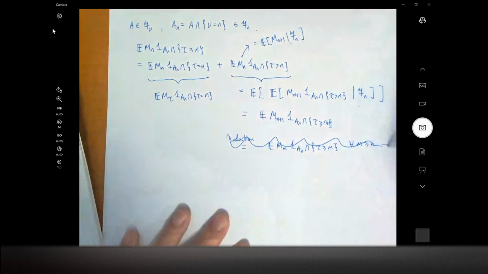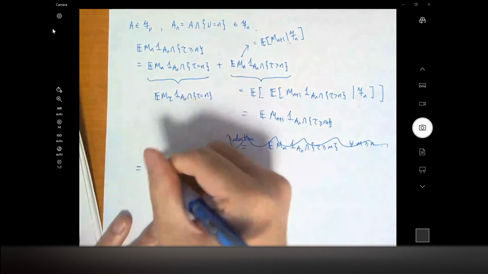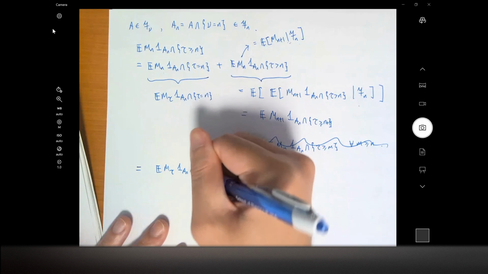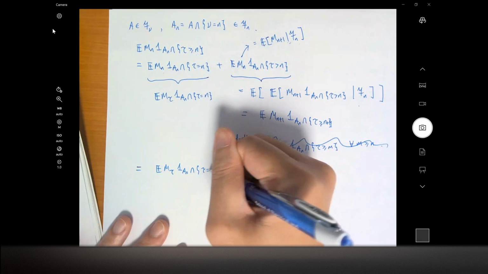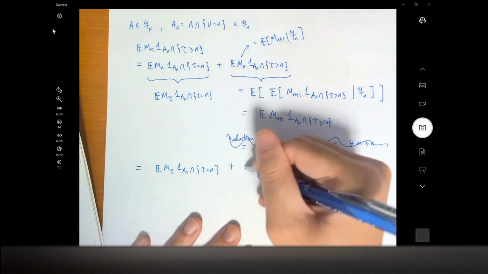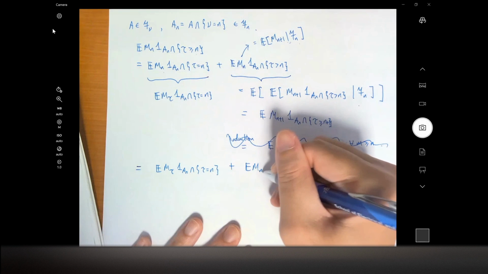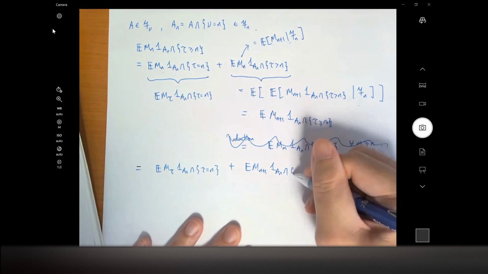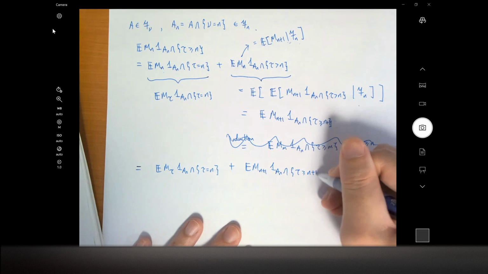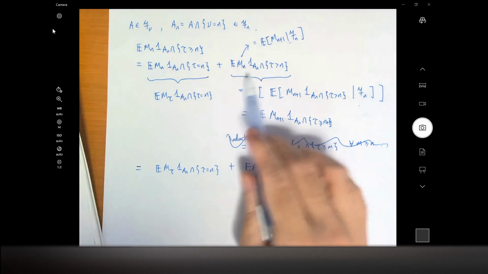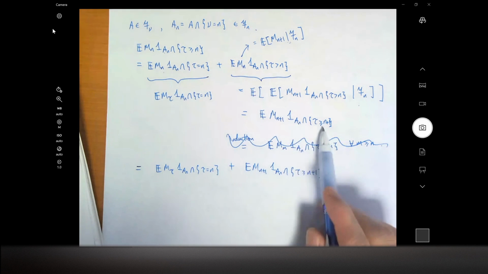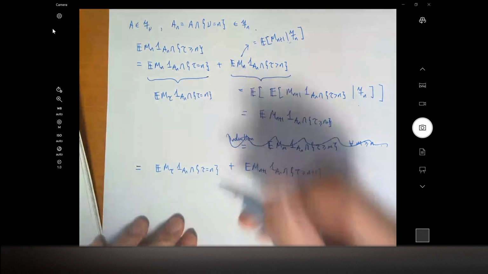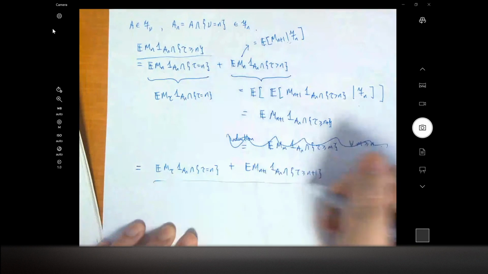Let me write it out properly. Plus the term with tau bigger or equal to n plus 1. You need to be careful, the form has to be correct: bigger or equal to n plus 1.